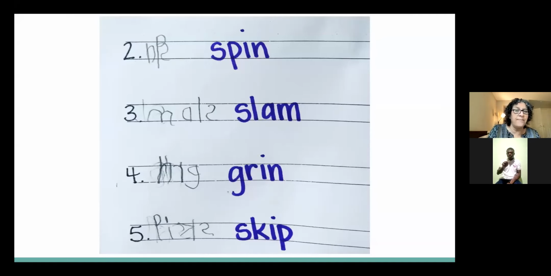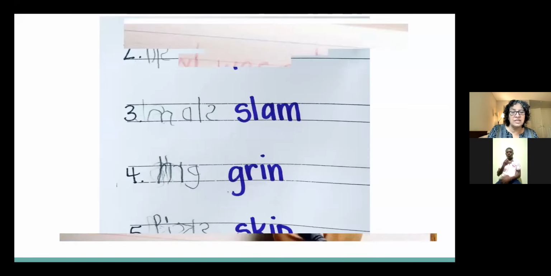In the top part, spin, S is written, and the letters are reversed as well as mirror images, and they have started writing from right to left. Slam. The orientation problem is there, in how the paper is being oriented. Grin. GR is reversed, G is reversed, and there is an overlap of I and N. Skin. Do you see how skin is written?